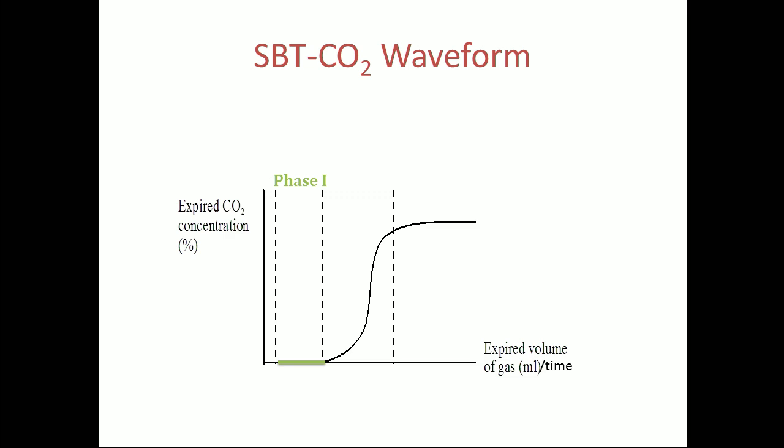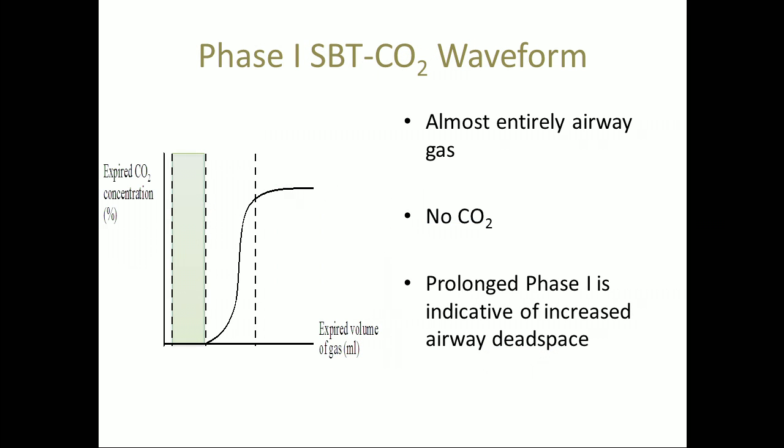The capnogram of volumetric capnography looks very similar to time-based capnography. You've got phase 1 where there's no CO2. You've got the sharp sigmoid that sees the rapid rise in CO2 concentration followed by the plateauing of CO2. Looking at each of these phases individually, the first phase is almost entirely from the upper airways, and there's no CO2 detected.